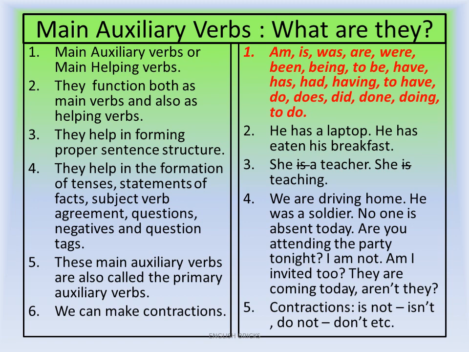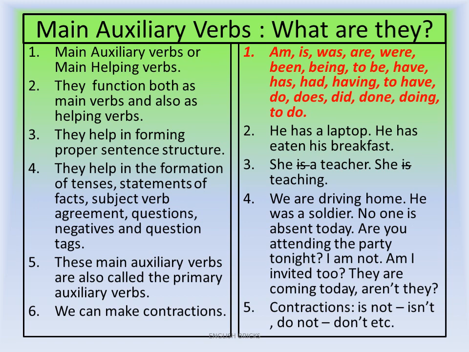Now if you look at this example here, he has a laptop. He has eaten his breakfast. Now, if you look at the first sentence, he has a laptop. The only verb that is there in that sentence is has. So, has is the main verb. Now, look at this next sentence. He has eaten his breakfast.